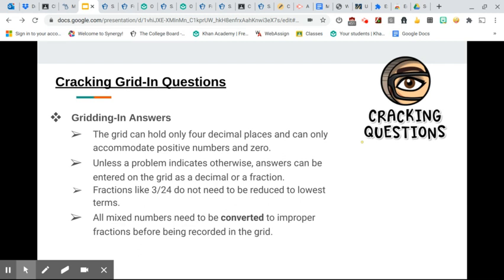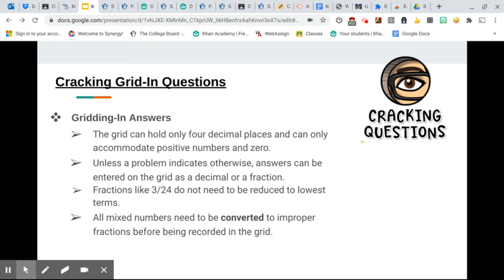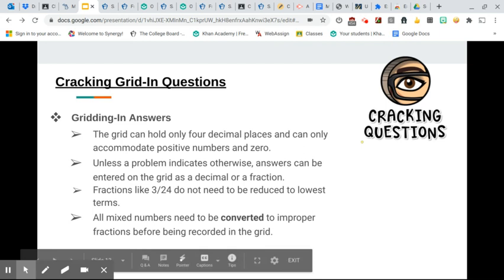Fractions like 3/24 do not need to be reduced to the lowest form. Make sure that you convert all mixed numbers to improper fractions, because you cannot record mixed numbers in the grid.